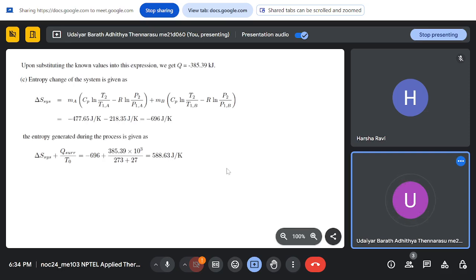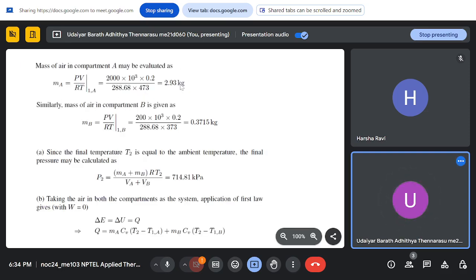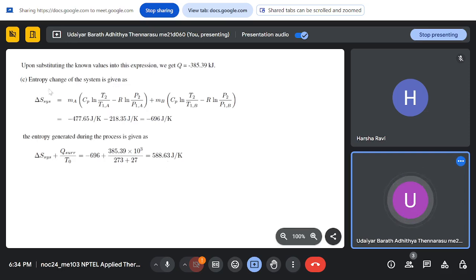So substituting the values of these masses and Cv 0.716, and the temperatures we know, we will get Q as minus 385.39 kilojoule. So this is the amount of heat which will be rejected to the surrounding.